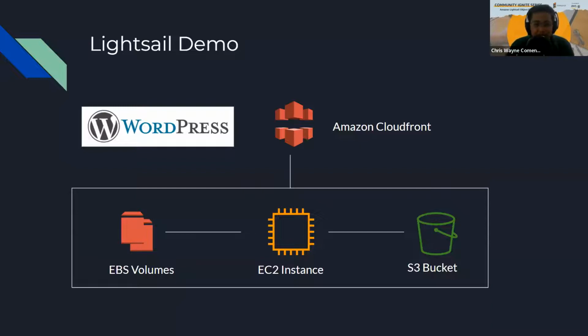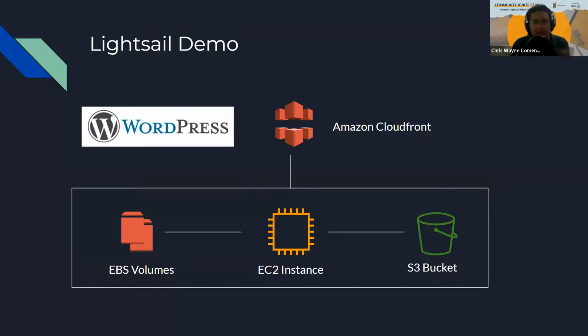You're decoupling the data to make sure the instance is not loaded with all of the requests for different static resources. So you're separating the workload for that, in this case on an S3 bucket. And you still need your EBS volumes for your OS and all the other package dependencies and runtime needed for WordPress.